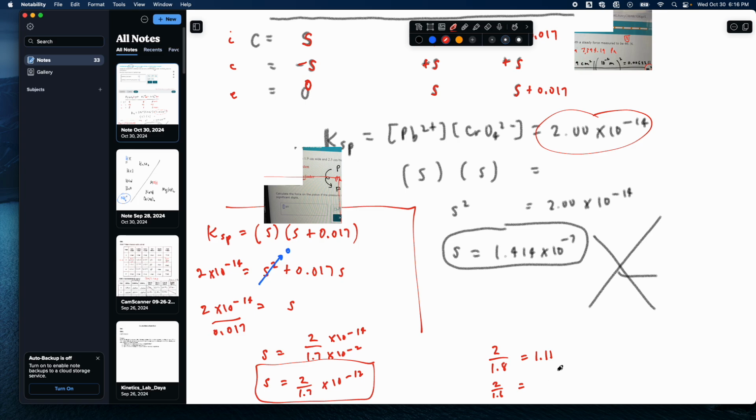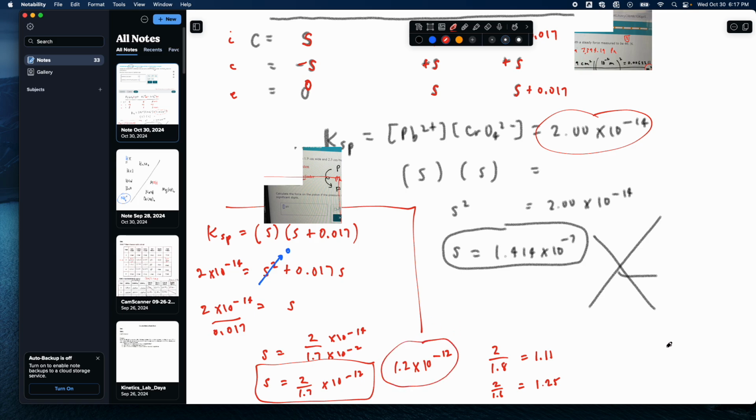Yeah, I can, 1.25. So it's going to be in between there. Let's say it's 1.2. 1.2 times 10 to the minus 12. Okay, I think that's what our S is going to be.